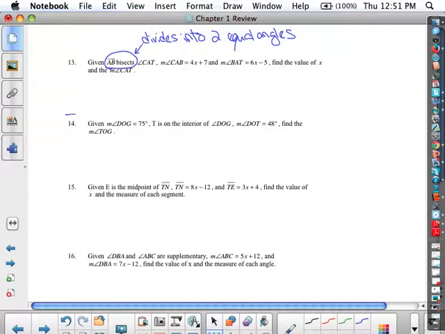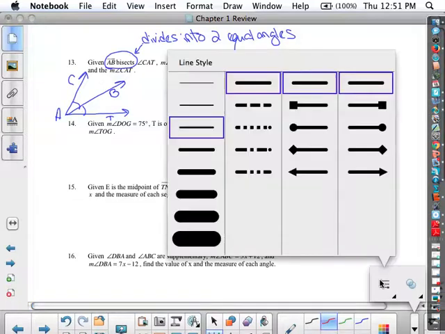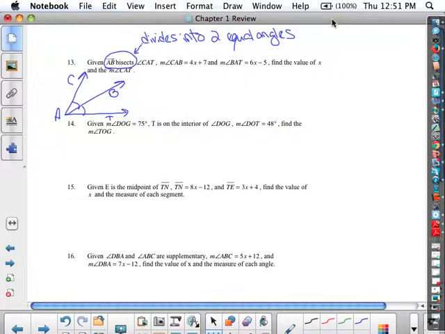Okay, so AB bisects angle CAT. So start with angle CAT, and then draw in ray AB. So there's B. It bisects, so you know those are congruent, and you can go ahead and mark those. Then label what you know.